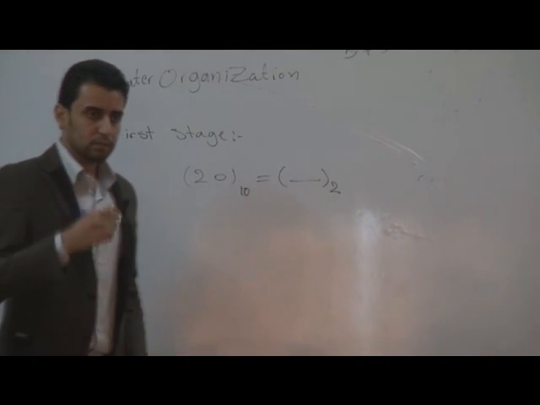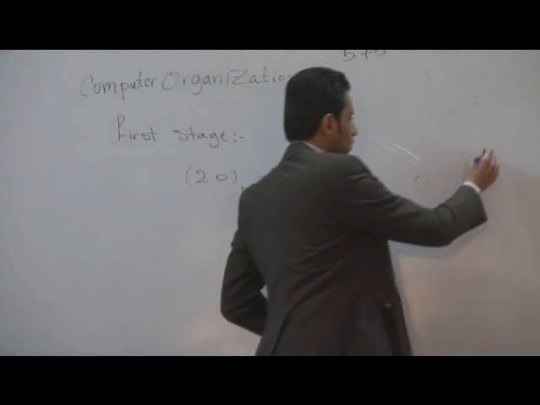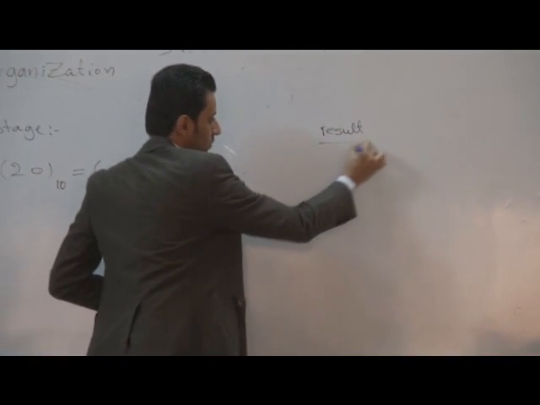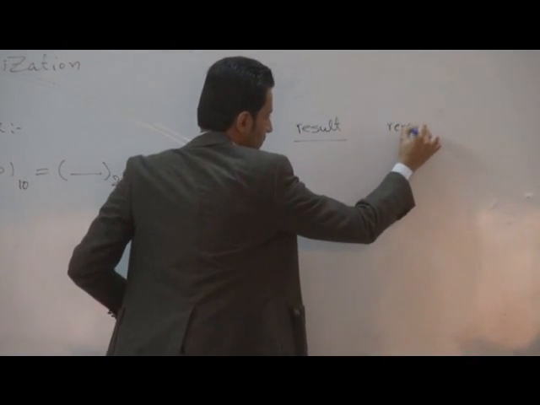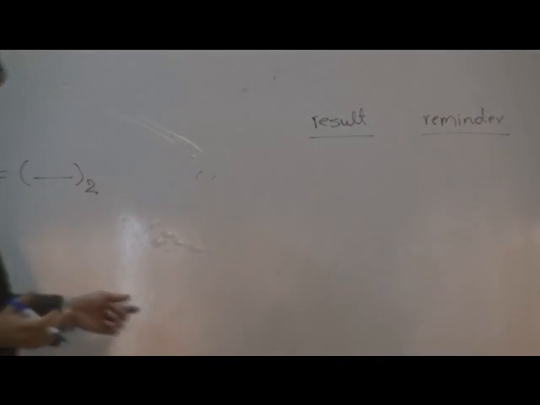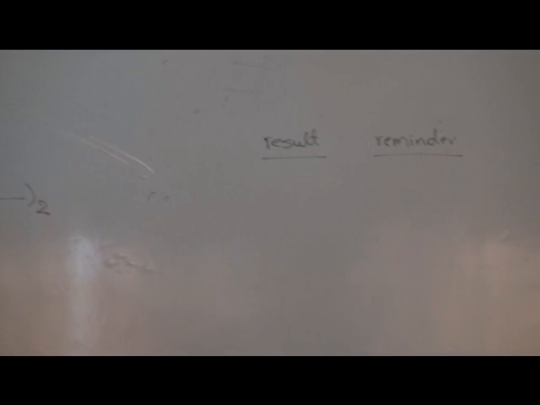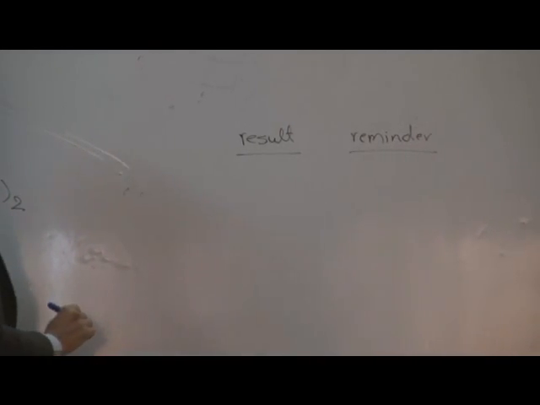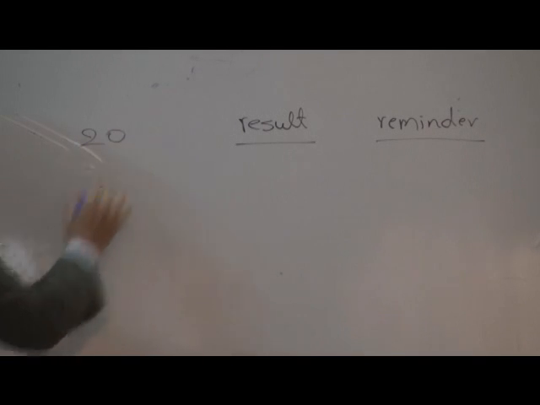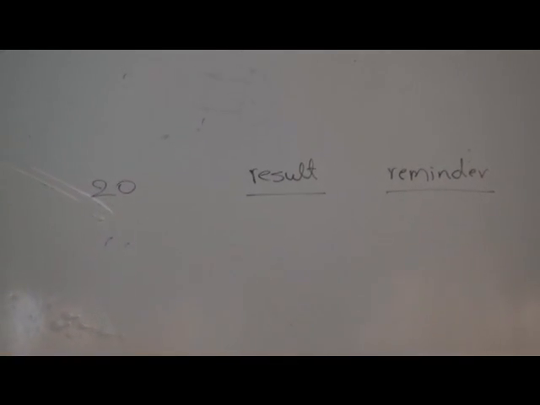The form of the answer will be like that: result (ناتج) and remainder (باقي). Okay. Now we have 20, and we want to convert it into binary form.